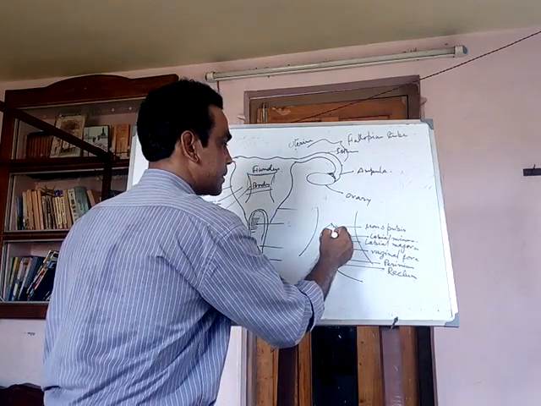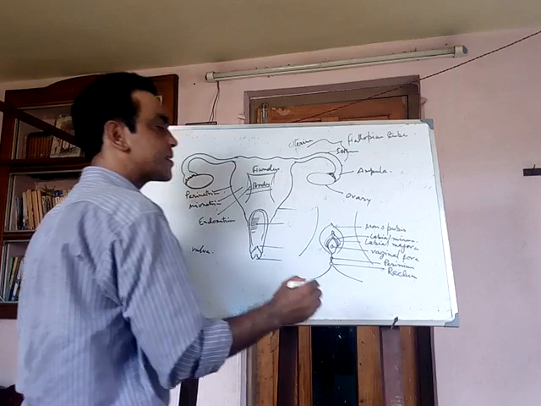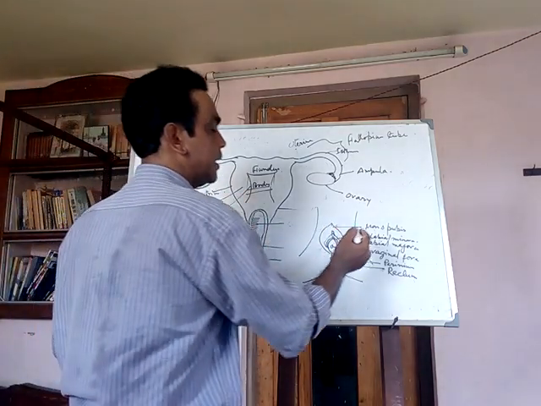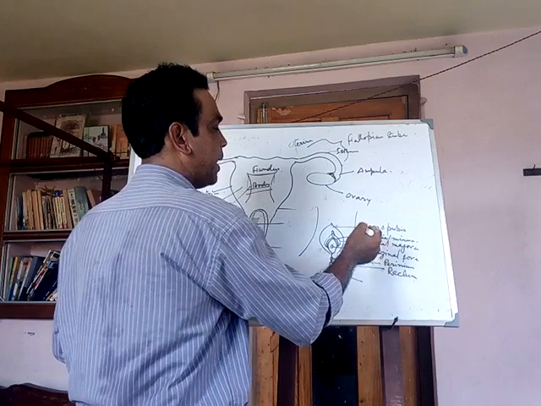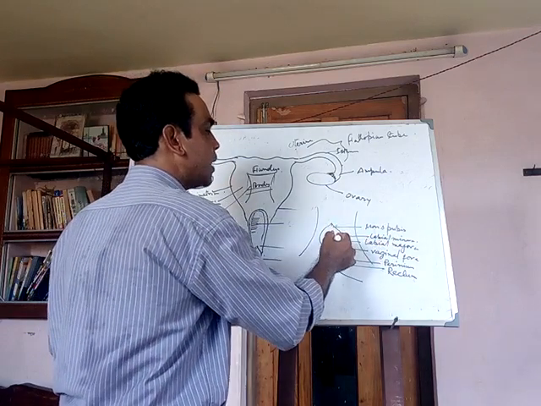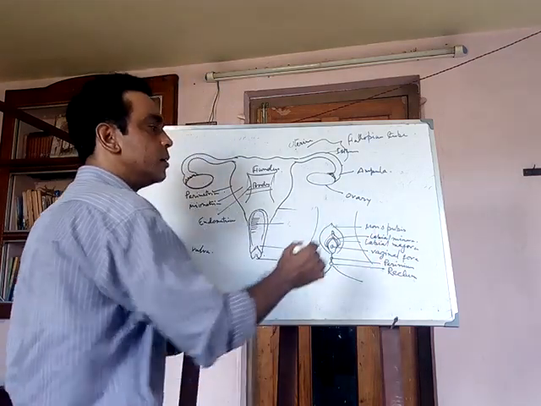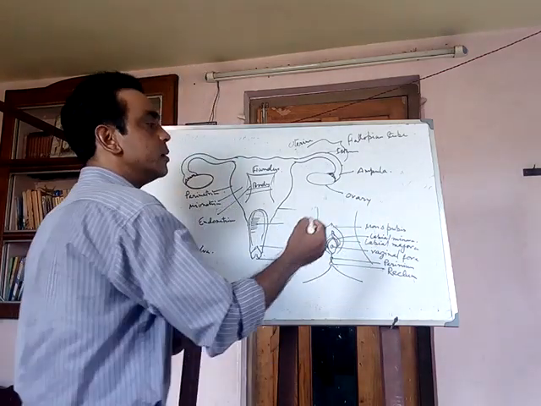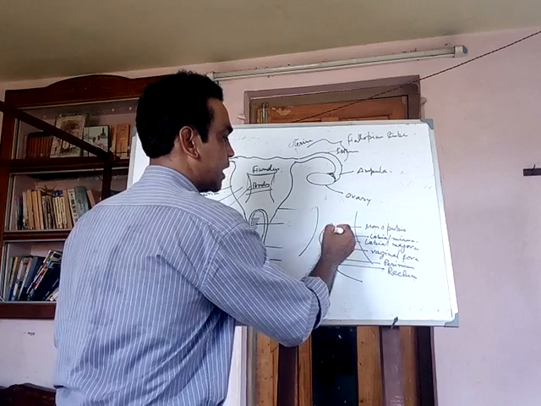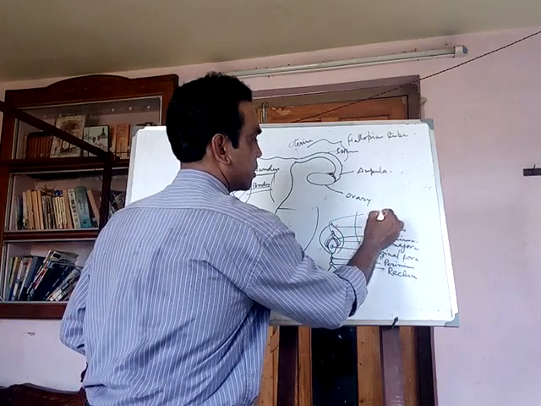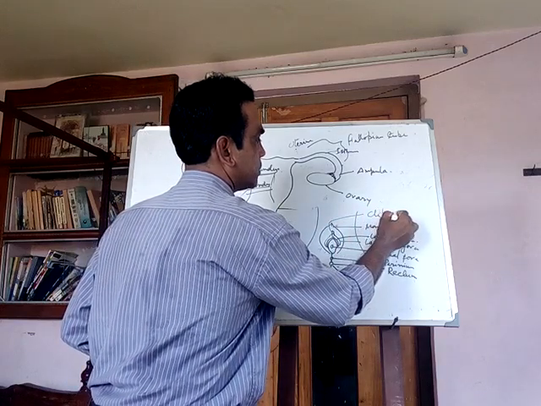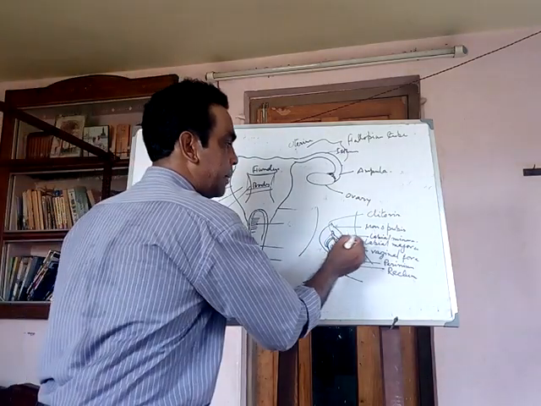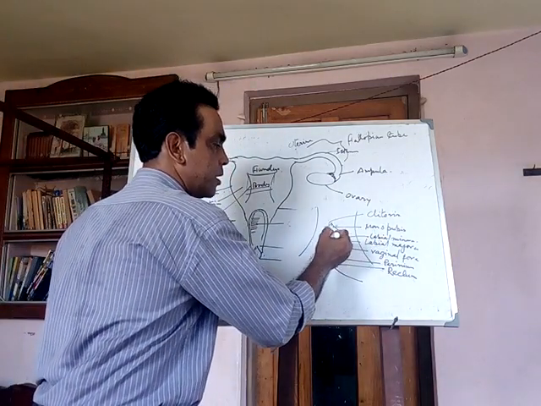There is an elongated, small finger-like structure found in between the labia majora and labia minora, in the upper part beneath the mons pubis. That is called the clitoris.